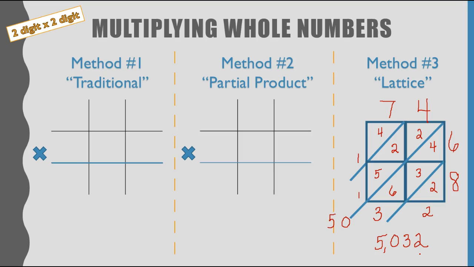What's the most important thing is that you find one where you're getting consistent, accurate answers. If you like the traditional method, stick with that. If you like this lattice method, which I'm kind of liking that method, then stick with that. Whatever gives you the most accurate responses is what I want you to stick with.